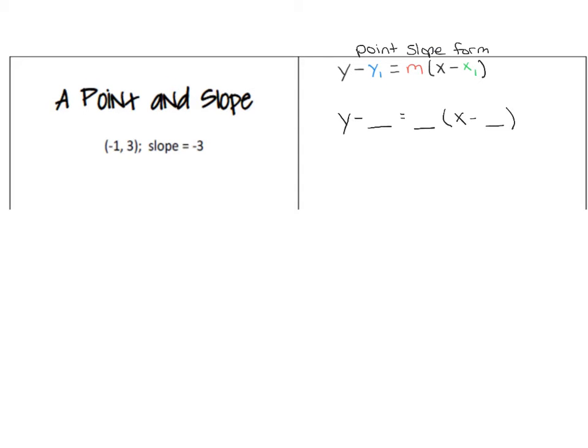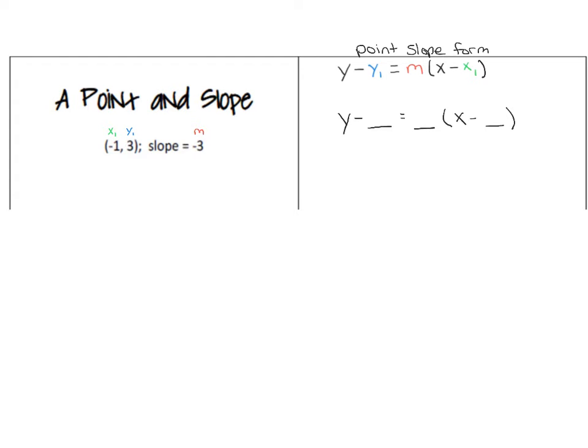And point-slope form is this one, y minus y sub 1 equals m times x minus x sub 1, where x sub 1 and y sub 1 are the x and y coordinates of a point, and m still stands for the slope. So you're only going to be filling things in for y sub 1, m, and x sub 1.